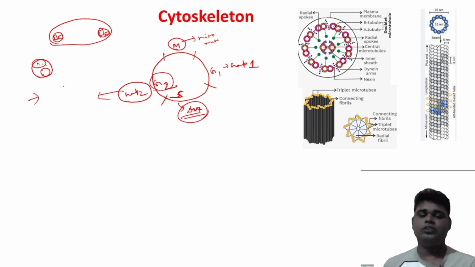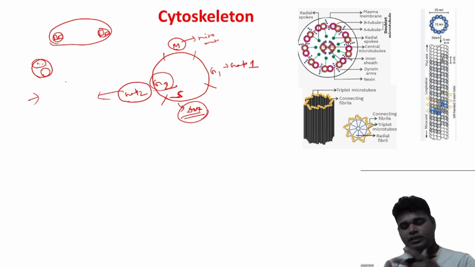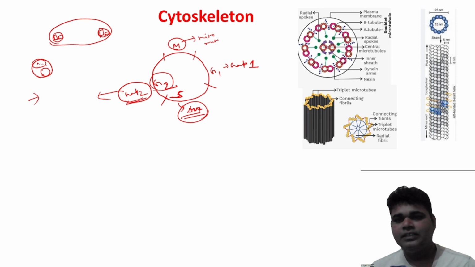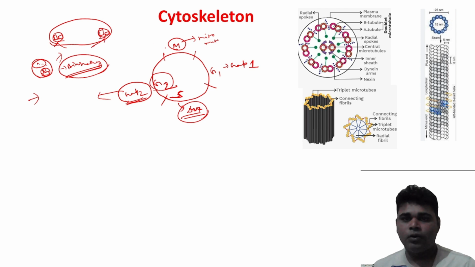In the cell, the number of centrosomes is 1, but during the gap 2 phase the centrosome becomes double, just like binary fission. Then one goes to one end and the other goes to the other end, and now mitosis or meiosis occurs.